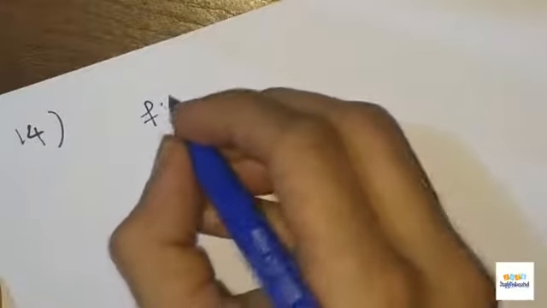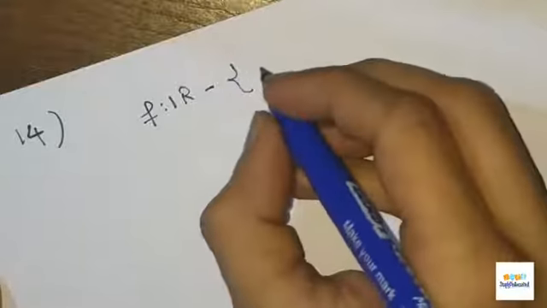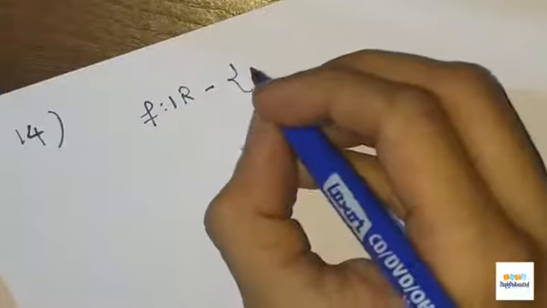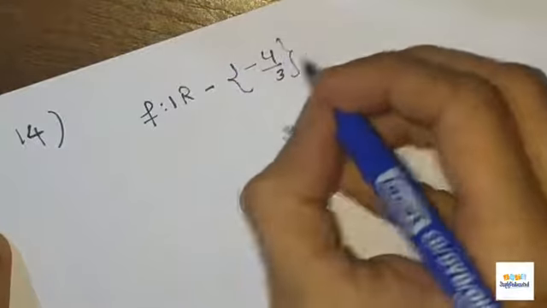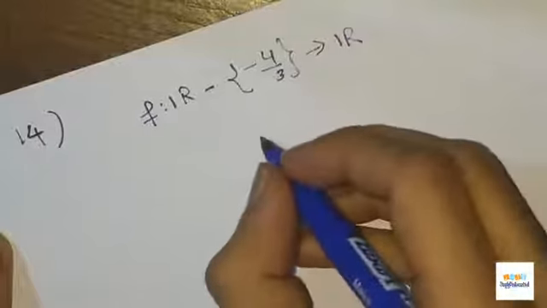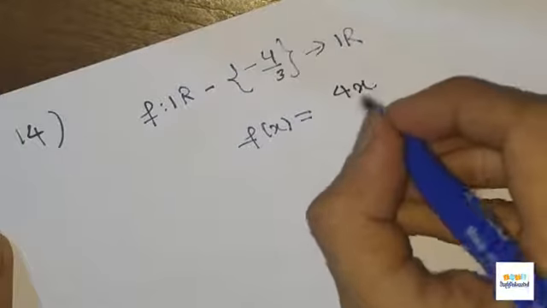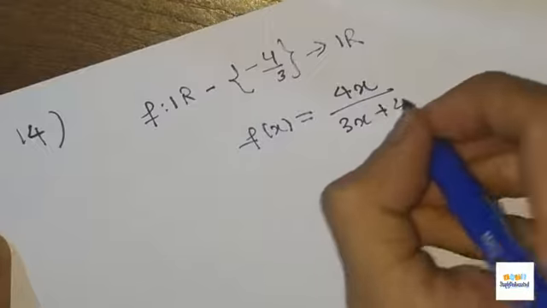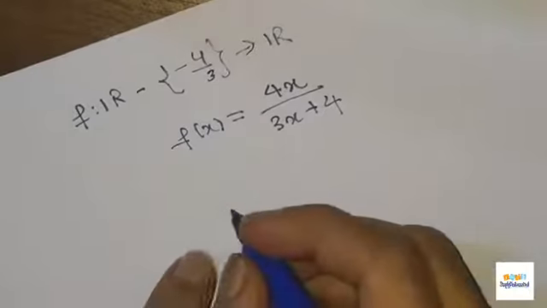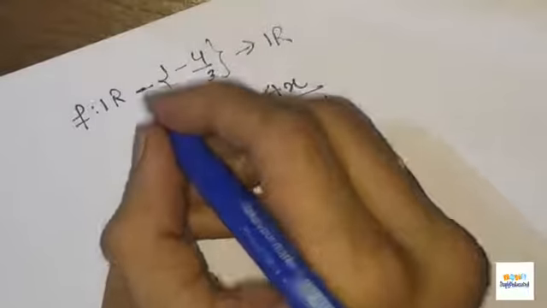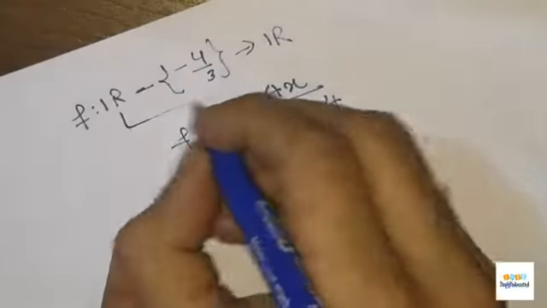So now look at what is given to you first. You are given a function f from R minus the set {-4/3} to the set R, defined by f(x) equal to 4x divided by 3x plus 4. Now this is the domain which is given to you.